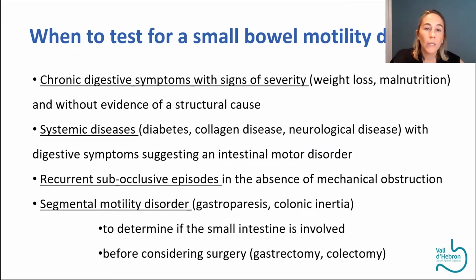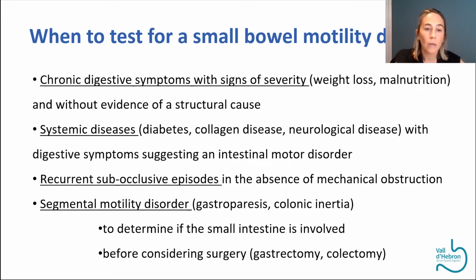So when should we test, or what patients do we think may have a small bowel motility disorder? So patients with severe symptoms, those symptoms we mentioned in the slide before, but with signs of severity, and especially when they associate weight loss or malnutrition in the absence of a structural cause, of course.